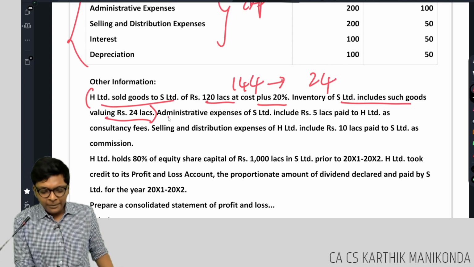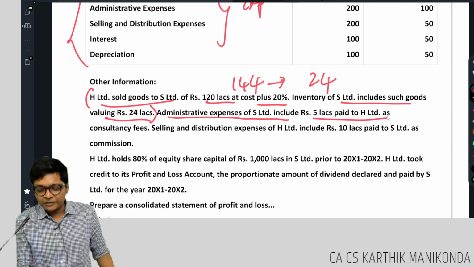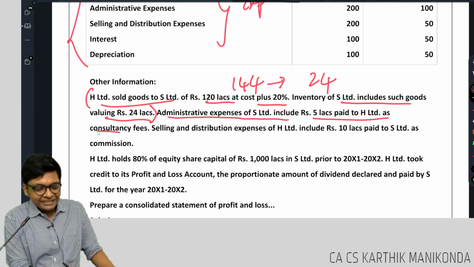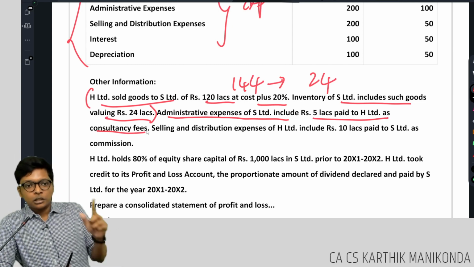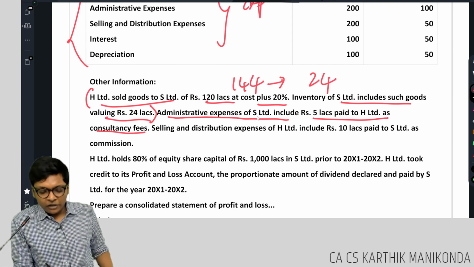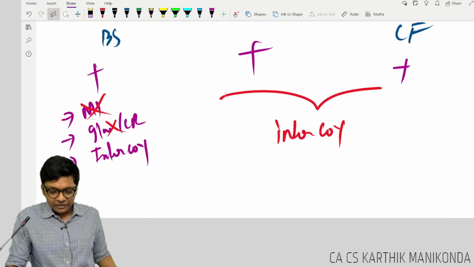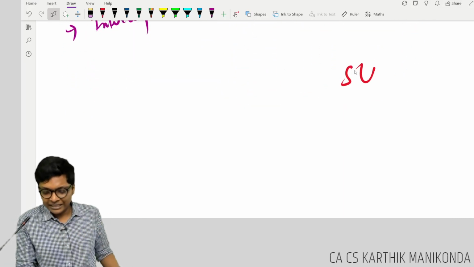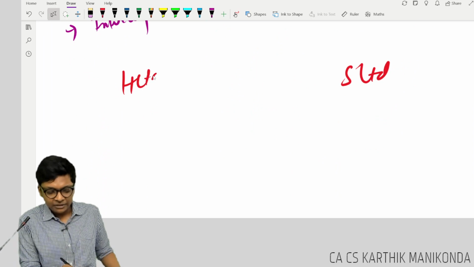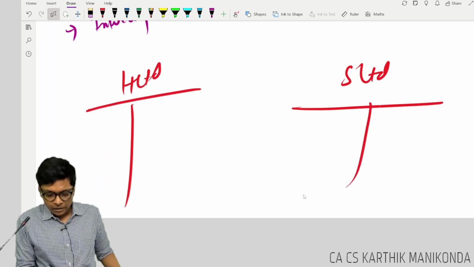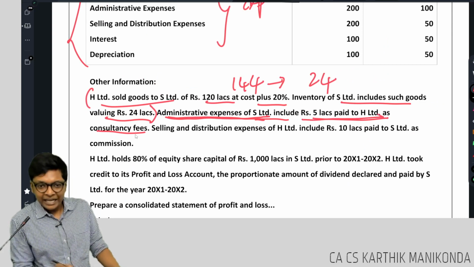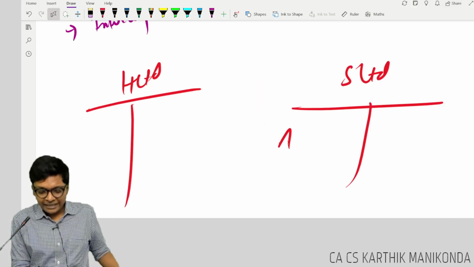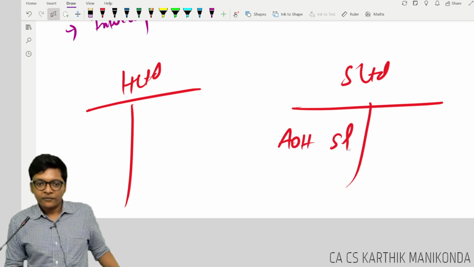Next, admin expense of S Limited include 5 lakhs paid to H Limited as consultancy fees. What is this? Admin expense of S. So if I draw, you will easily understand. S Limited, H Limited, guys. Follow carefully. Admin expense of S include 5 lakhs paid to H for consultancy. So here I have administrative overhead 5 lakhs.